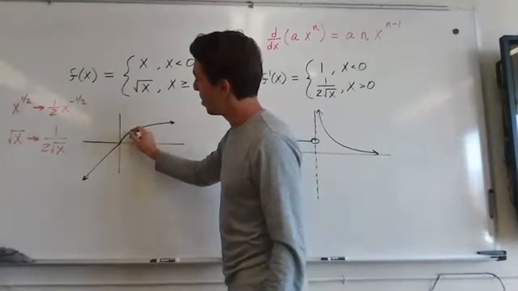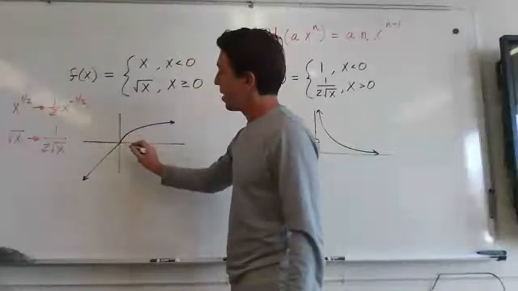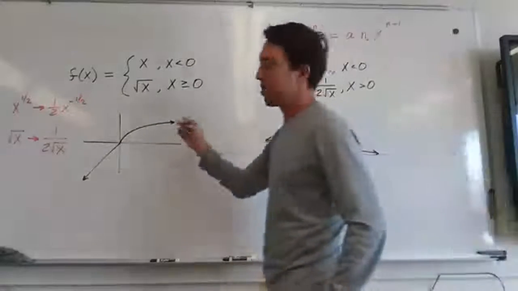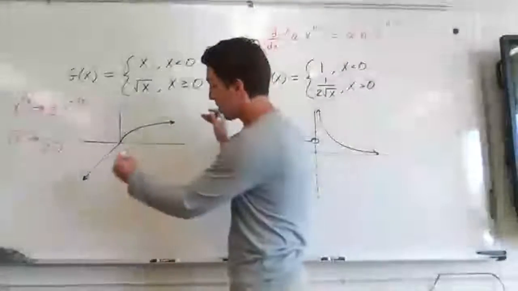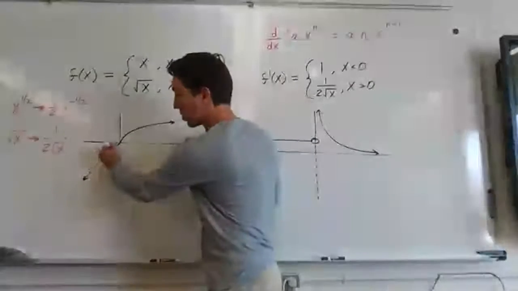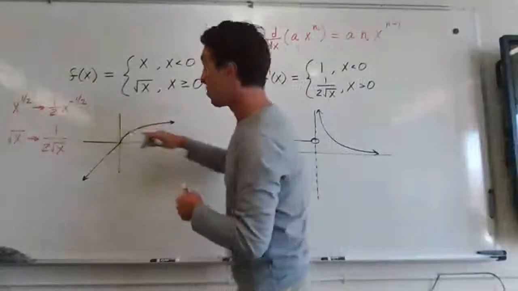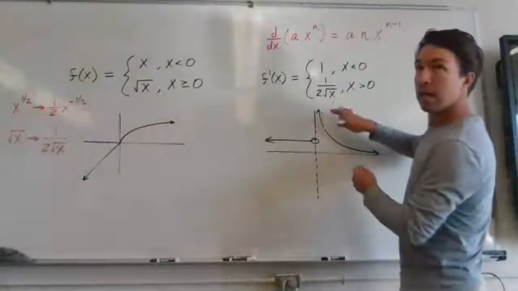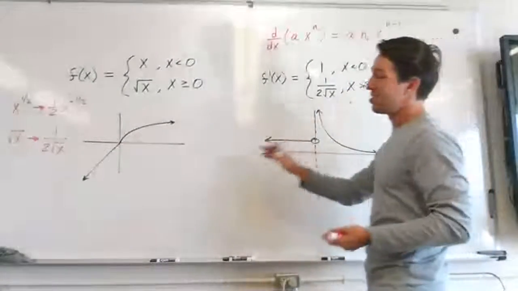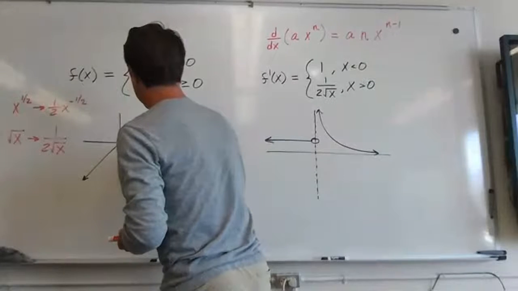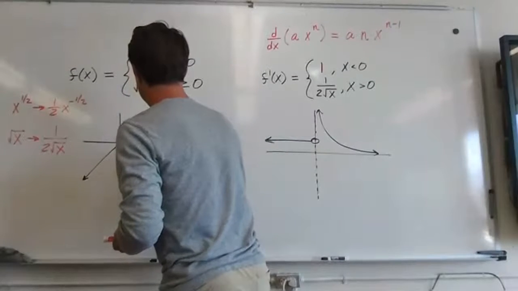It is pointy, but if you want to talk about limits of the derivative, as we approach from the left, our slopes are all 1. As we approach from the right, our slopes approach infinity. So we call this here a vertical tangent line.